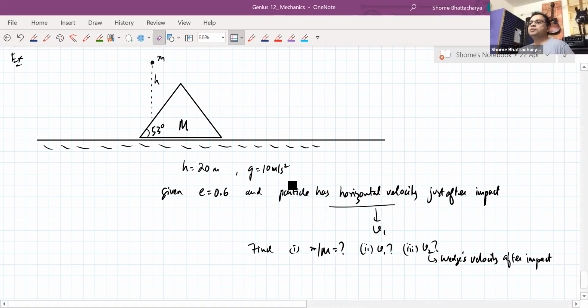So first of all, tell me, can we apply any kind of momentum conservation here? Will we be able to apply any kind of momentum conservation in this problem?